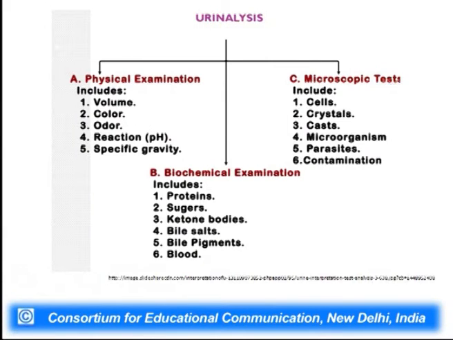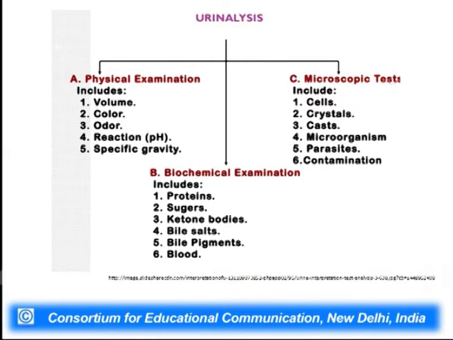Now, urine analysis, as we discussed, is divided into three major forms. The first one is the physical analysis, then comes the microscopic analysis, and the third one is the biochemical examination. In the physical or visual examination, the doctors look for the volume, color, odor, reaction or pH, and the specific gravity.